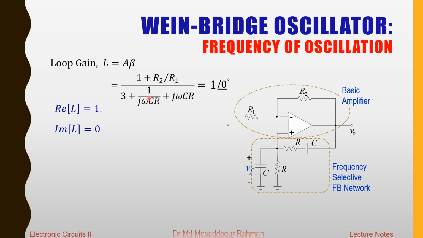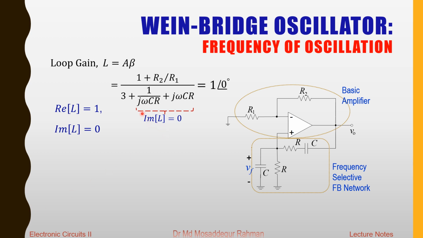That means for the phase angle to be 0, it cannot have any complex part. The complex part should be 0, only then the phase angle will be 0. So this is how we can also express the Barkhausen conditions for sustained oscillation.